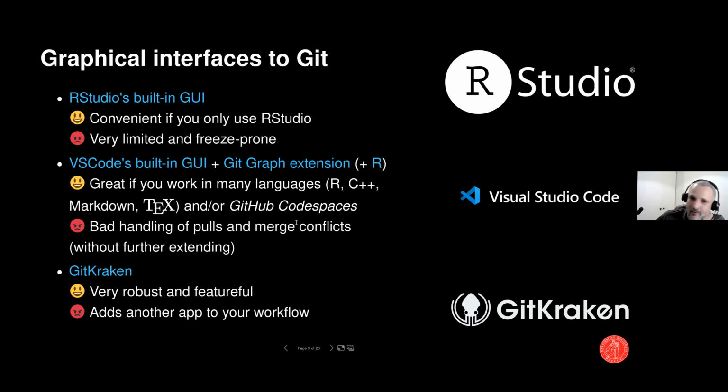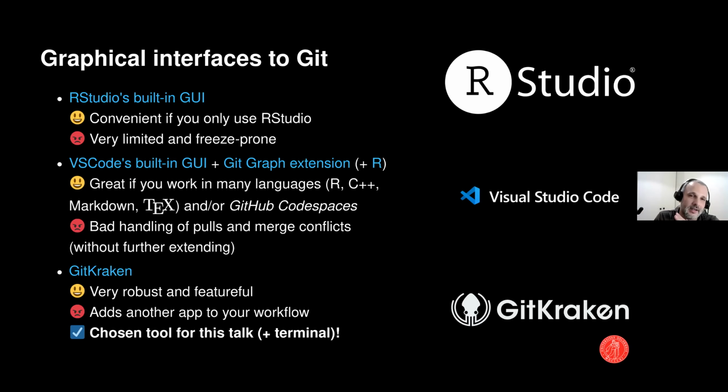And finally, there's GitKraken, which used to be my favorite tool. It's very robust. It's full of features, and it's the one we're going to use for this talk, apart from the terminal, because I still want to show some terminal stuff as it's as universal as I can make this.